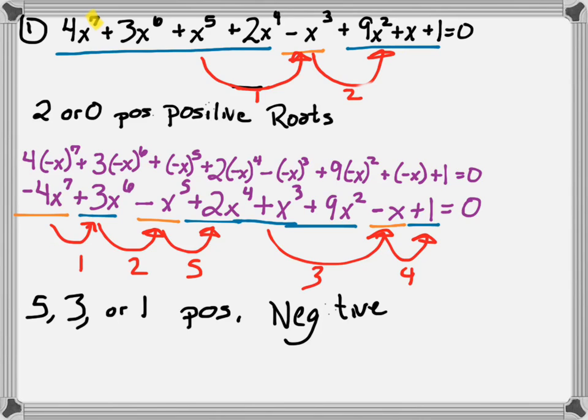Since there were 5 changes of signs in the negative, that's just when we started with 5. When we had it as positive x, we had 2 changes of signs, so we started off at 2 and count down by 2. So you're always going to count down by 2. And it goes back to the fact that the imaginary roots have to come in conjugate pairs, because the last thing we're going to identify is our possible imaginary roots.